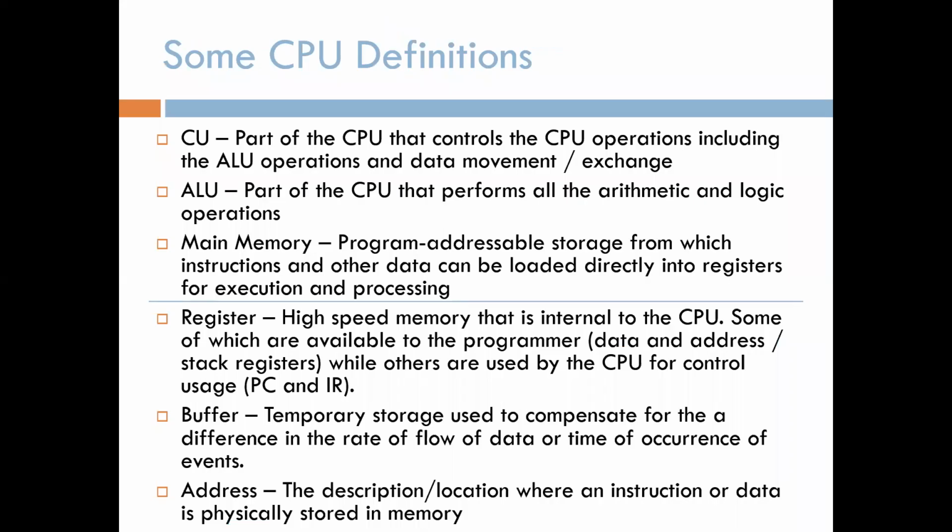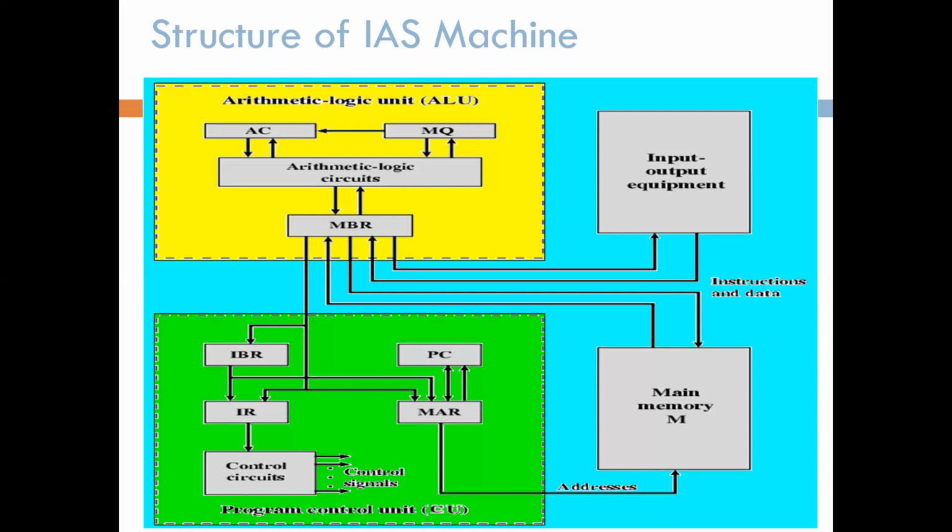And then there are some other components that we need to take a look at, which is the PC, the program counter. So the program counter, as you can see here, let me use my pointer. This here is the program counter, PC.